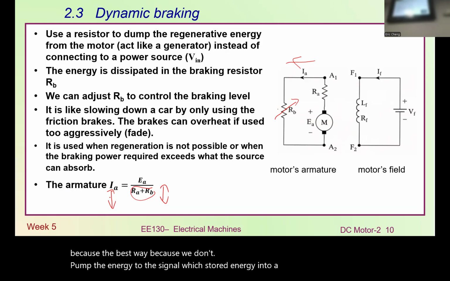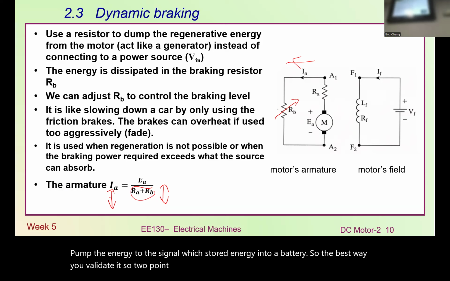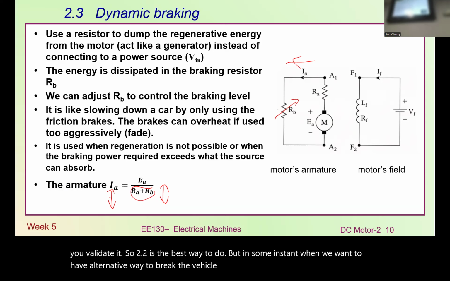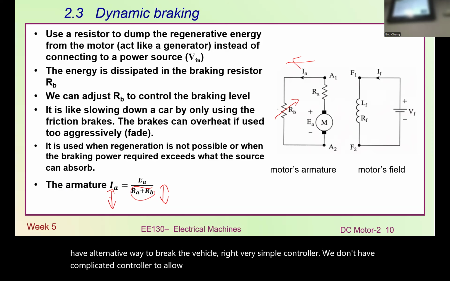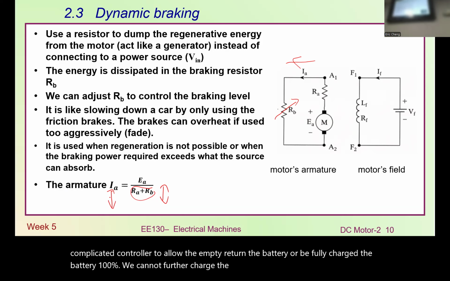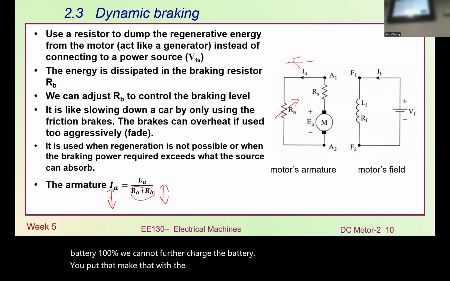That's the best way to do it, so 2.2 is the best way. But in some instances, when we need an alternative way to brake the vehicle, like very simple control, we don't have a complicated controller to allow the energy to return to the battery, or we have fully charged the battery to 100%. We cannot further charge the battery because then we damage it. Then we dump the energy to the resistor system.